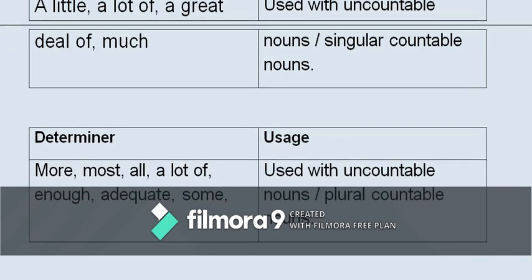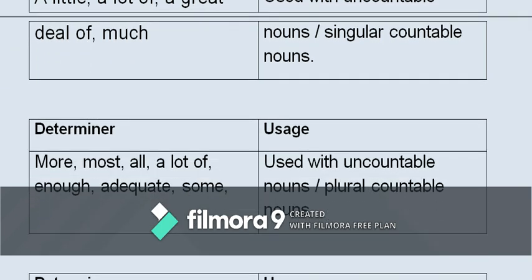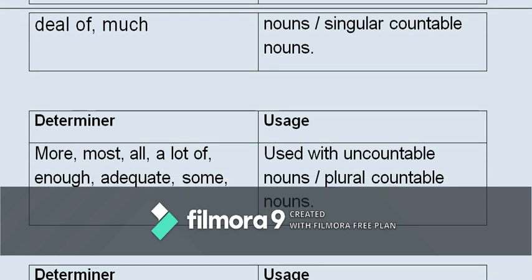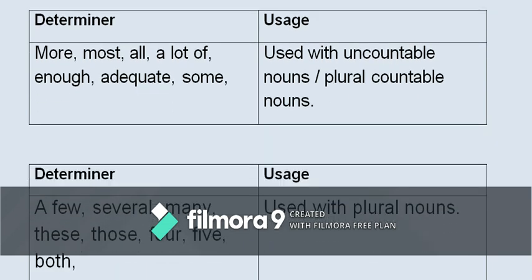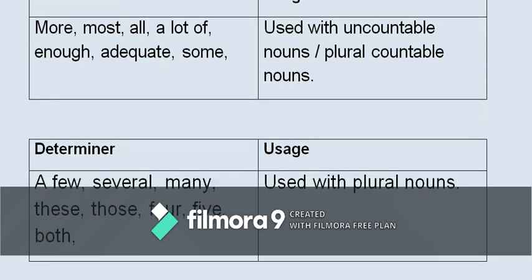Then we have determiner example words: more, most, all, a lot of, enough, adequate, and some. What is the usage? The usage is with uncountable nouns and plural countable nouns. Then we have determiners categorized as a few, several, many, these, those, four, five, both.